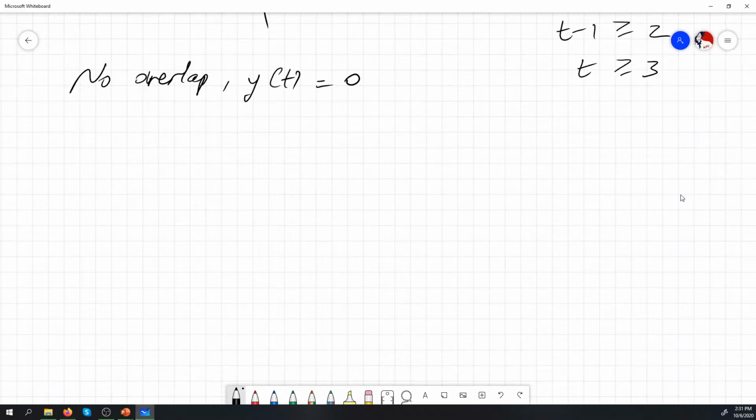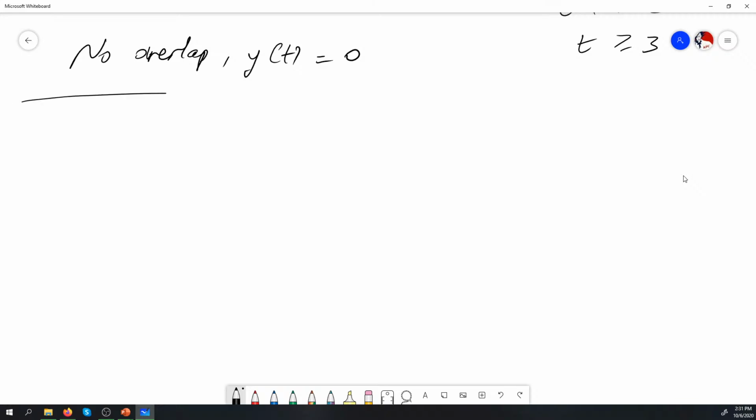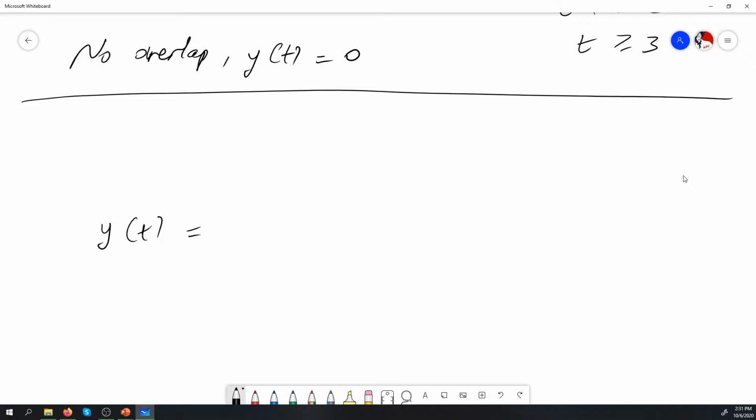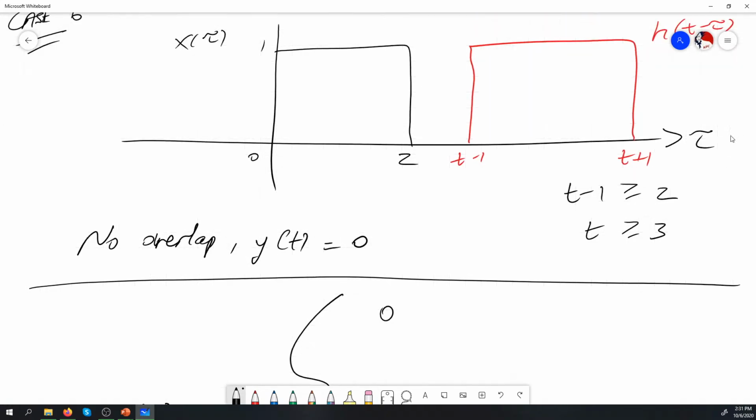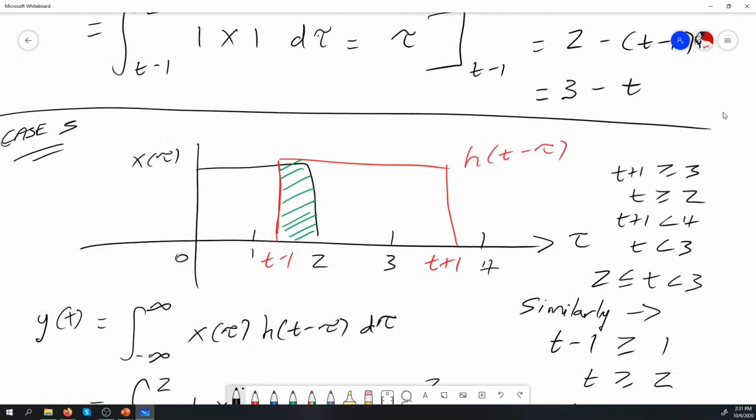So when we actually draft our final answer for y of t, we know that it was 0 for our first case, and we're backtracking here to get to the cases.